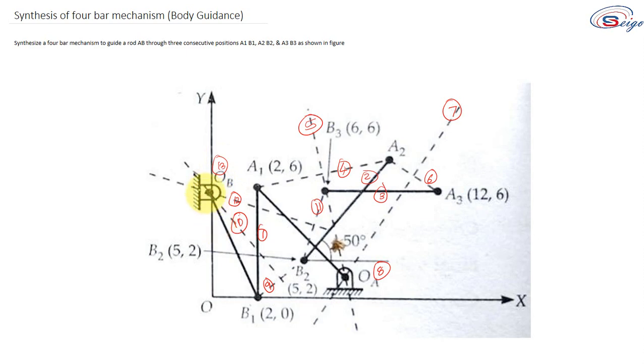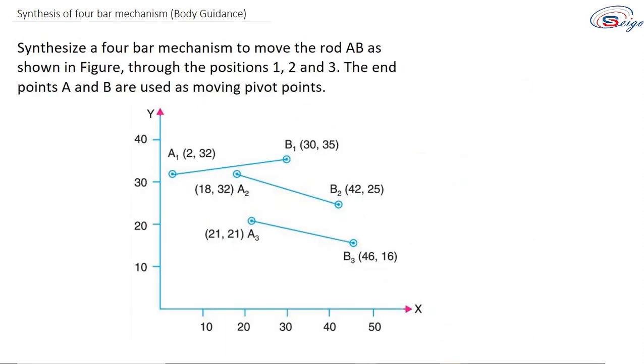After that, join OB to B1 and OA to A1. It's a very simple procedure. Please try this question. Thank you.